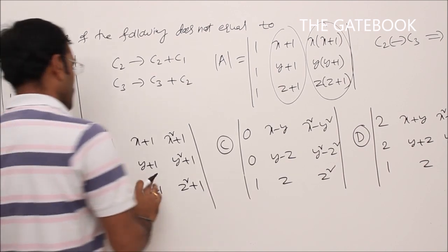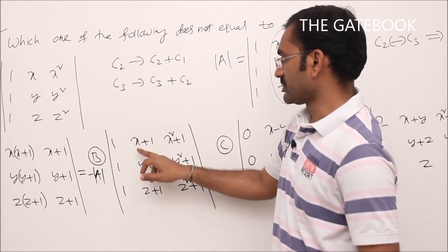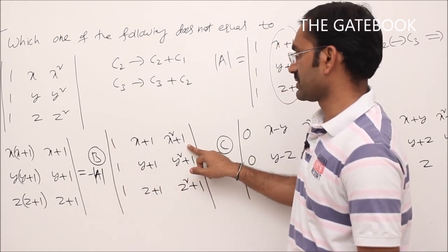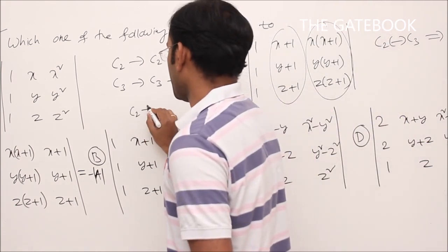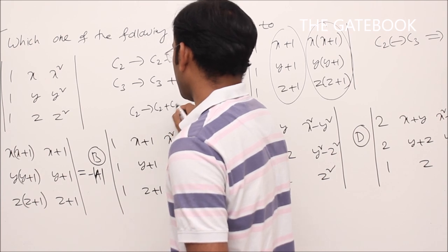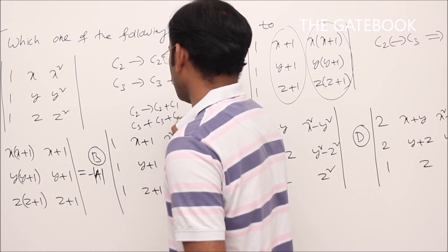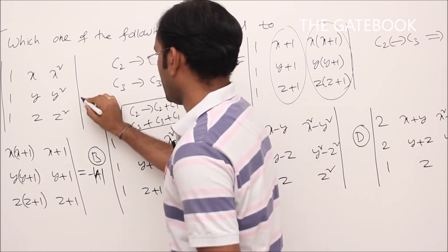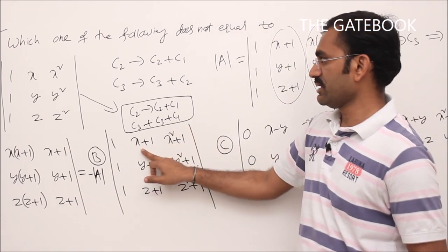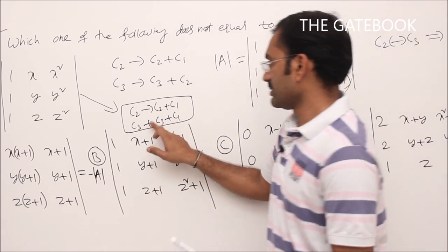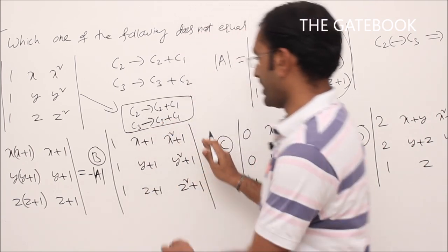So see here, what about option B? Elements of the first row will be 1, x plus 1, x square plus 1. Now here applying C2 implies C2 plus C1, C3 implies C3 plus C1 on A, we will get this matrix.